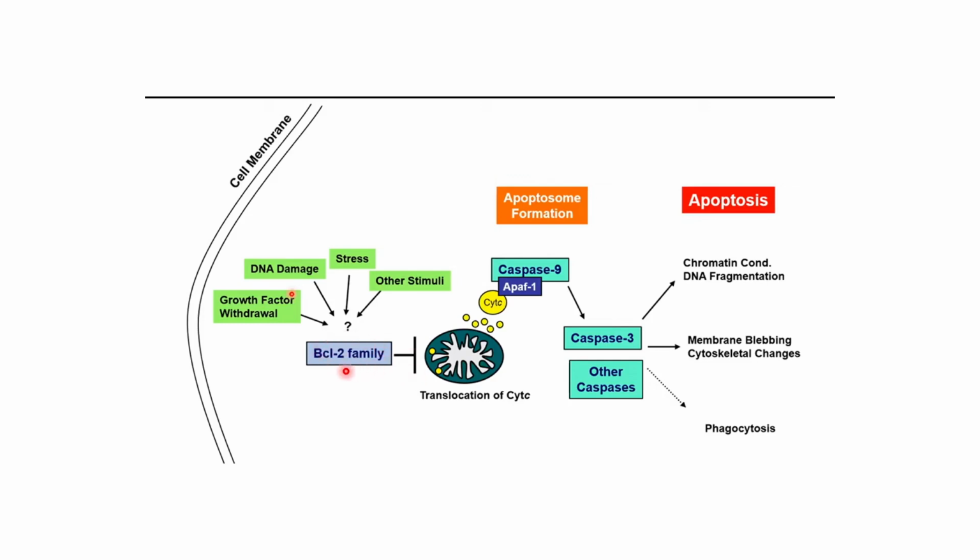In BCL2 family as well, there are many other different proteins. But in general, here we are talking that BCL2 family inhibit apoptosis. So if you want to promote the apoptosis, then this stress or other stimuli will inhibit this BCL2 family. And if you inhibit this BCL2 family, then apoptosis will get promoted.